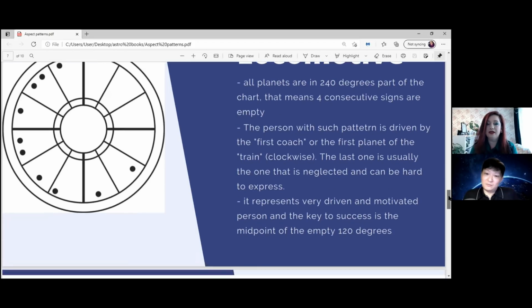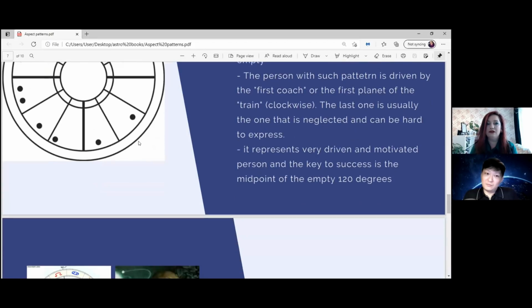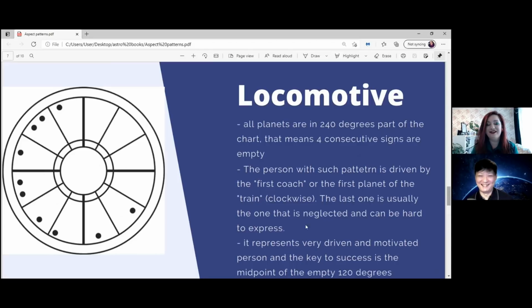And again, they have to work on the last planet, because this can be something that they neglect in some way, because subconsciously they feel this is the last thing they have to worry about, or they never find time to work with it.